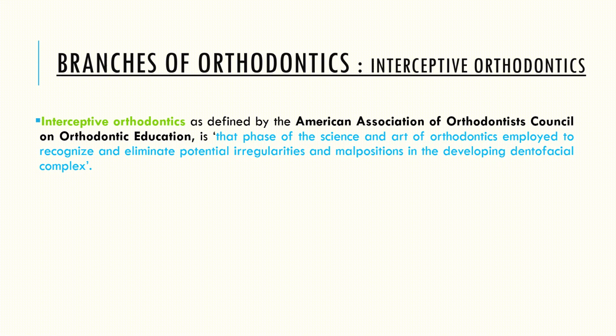Preventive, the malocclusion has not set in. They are the steps taken to prevent malocclusion and to prevent orthodontic treatment. In interceptive orthodontics, the malocclusion has already set in, but it has not reached its severity. So we are intercepting the malocclusion.